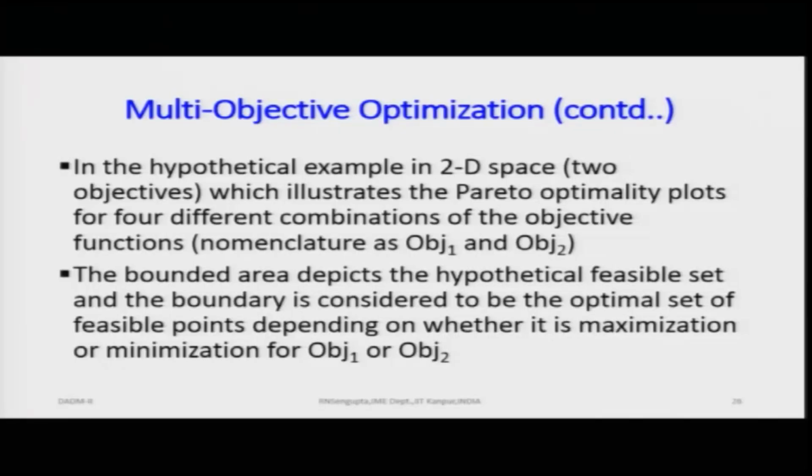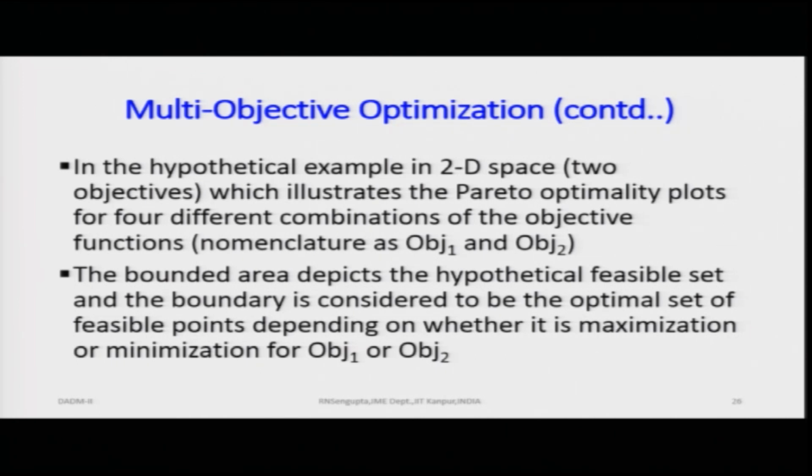It will illustrate the Pareto optimality plots for 4 different combinations of the objective functions, where the objective functions are O1 and O2, which is objective function 1 and objective function 2. The bounded areas depict the hypothetical feasible set, and the boundary is considered to be the optimal set of feasible points, depending on whether it is a maximization or a minimization problem, based on whether you are considering objective function 1 or 2.